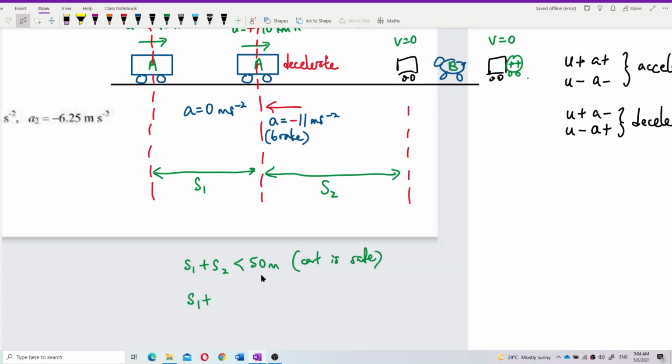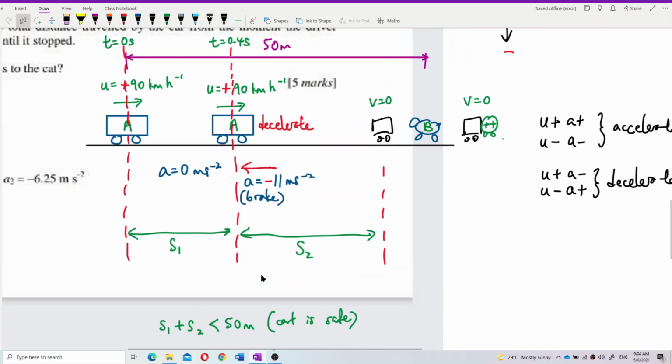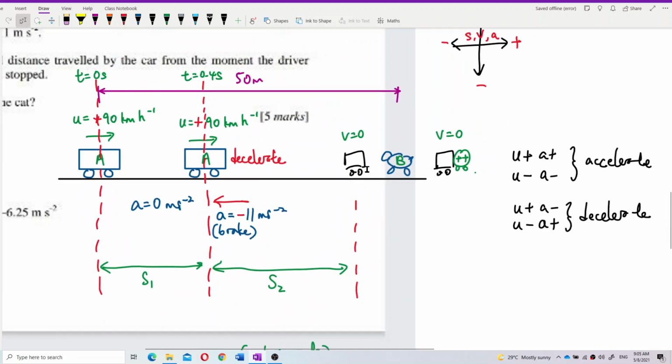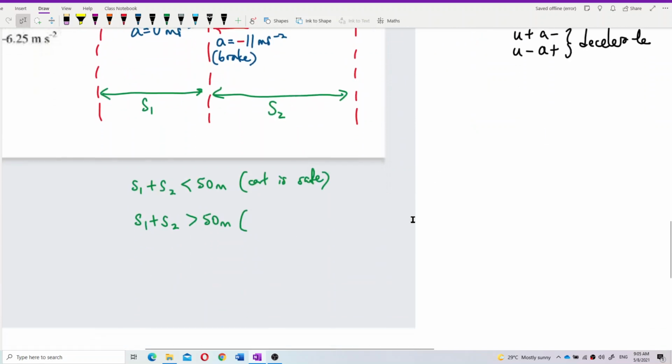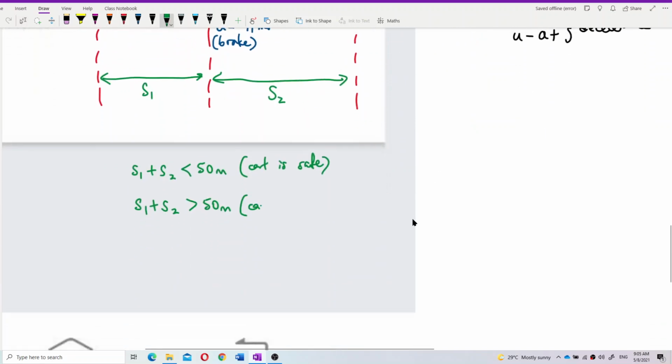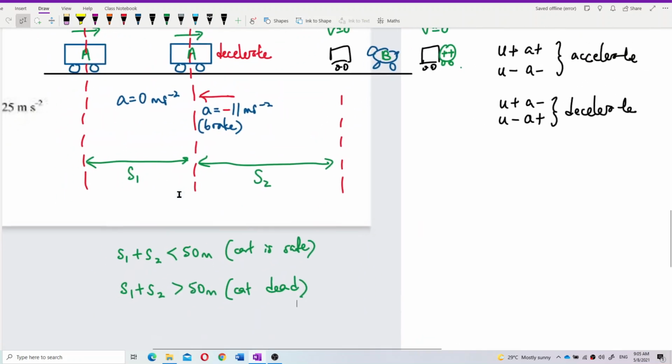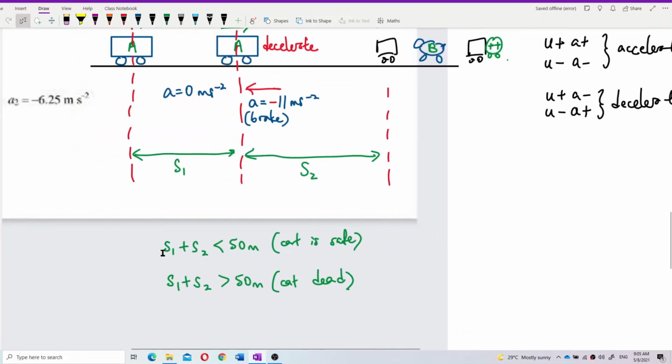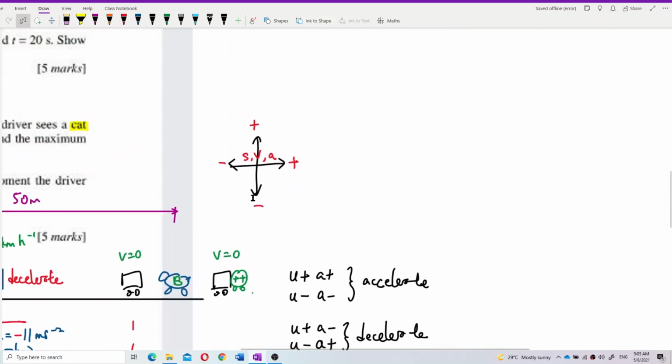But if S1 plus S2 is more than 50, my God, it means it banged the cat. The cat died, right? All right, so let's find out S1 plus S2. Do one by one. First we find S1, then we find S2, then we total them up.